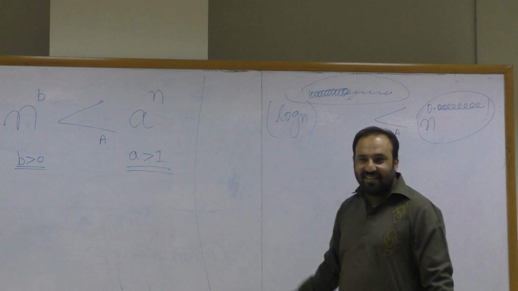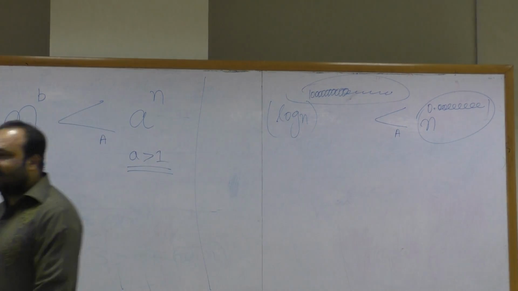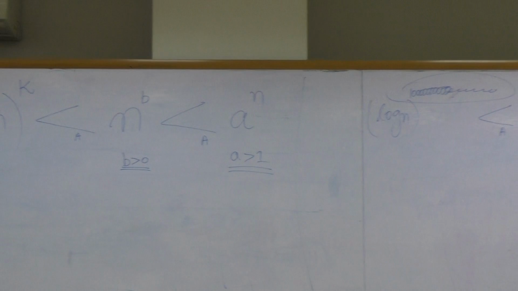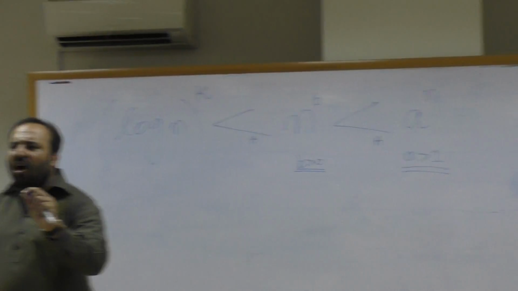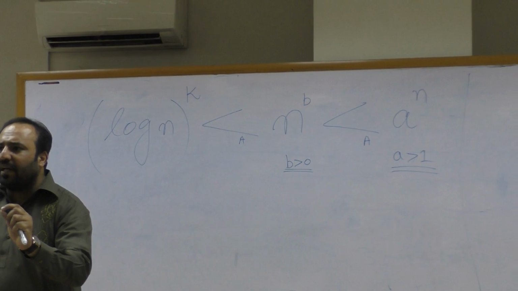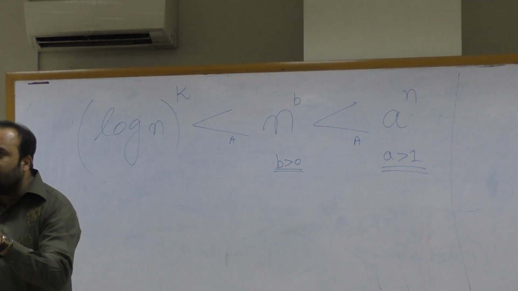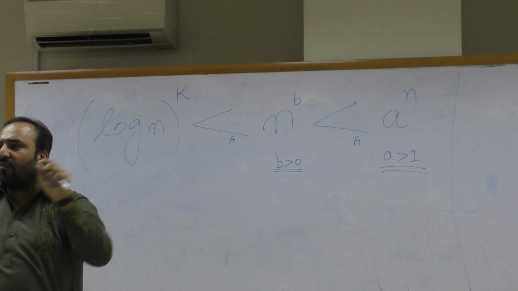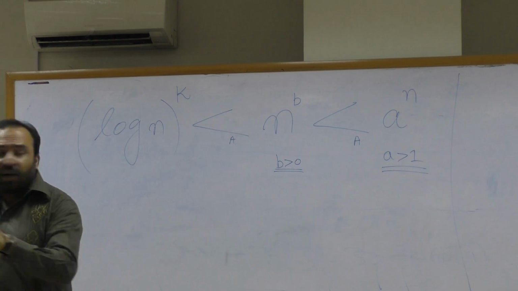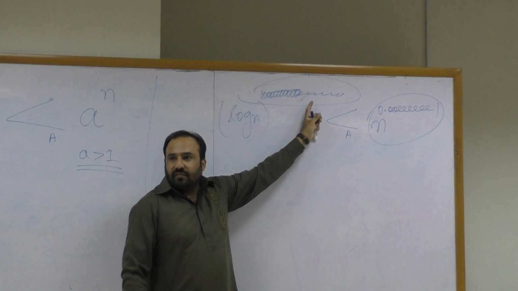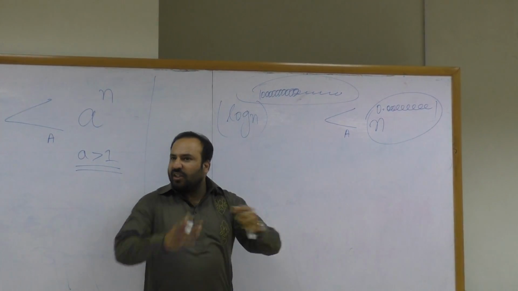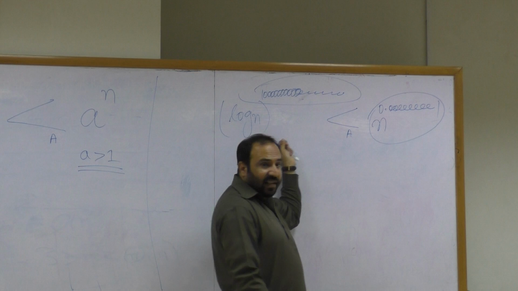And this is shocking: n raised to the power of any positive real number, however small that real number is, is bigger than whatever big power of a log you have. As long as the big power of the log is constant, it is not n. So however big you make it, this is better.